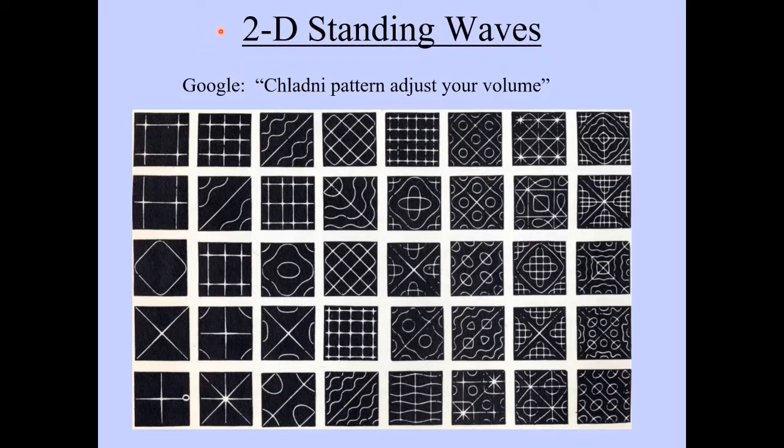So in the video, you're going to see examples of 2-dimensional standing waves that are produced in a very clever way using a steel plate mounted to a speaker that plays a pitch, and by sprinkling salt crystals on top of the plate, the salt crystals will dance around and move wherever there are vibrations, but wherever there are nodes where the plate is not moving, the salt crystals will settle there because there's no vibrations.